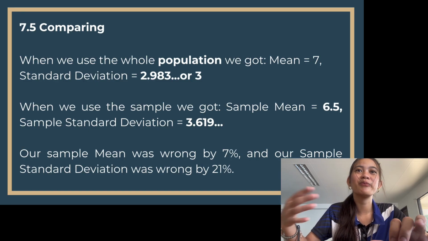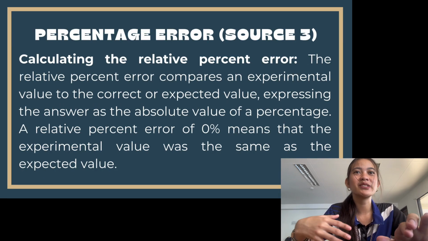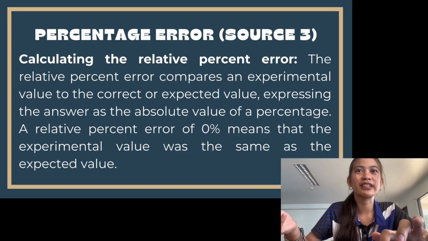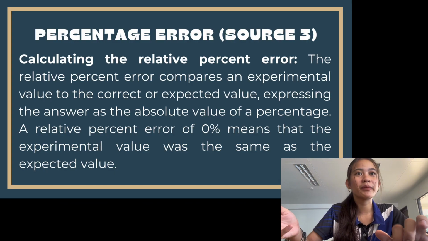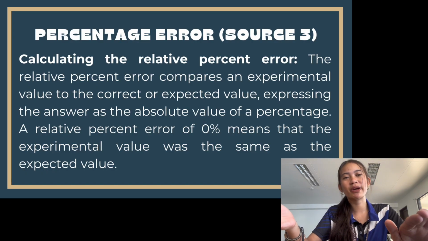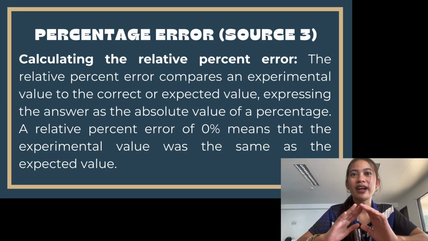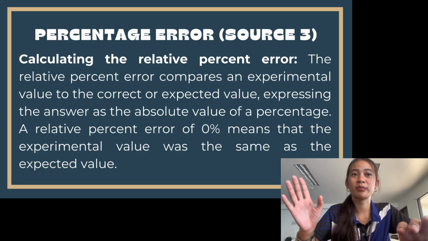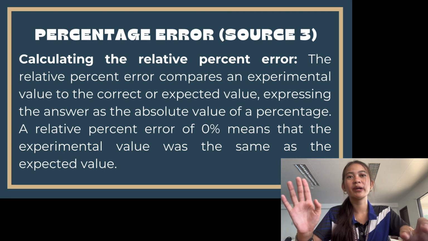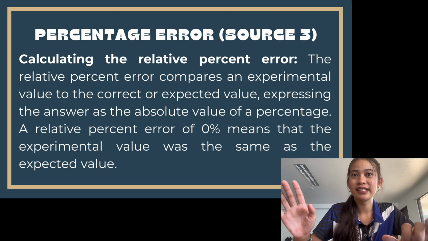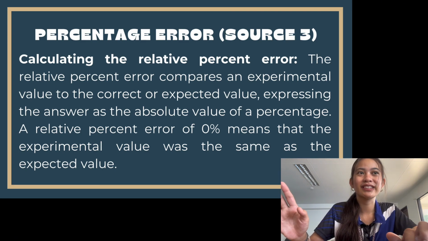So here we have percentage error. Calculating the relative percent error: the relative percent error compares an experimental value to the correct or expected value, expressing the answer as the absolute value of a percentage. A relative percent error of 0% means that the experimental value is the same as the expected value.